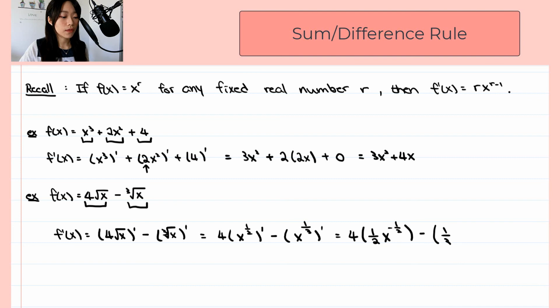So its derivative is 1 over 3 times x to the power of 1 over 3 minus 1, which equals negative 2 over 3. So this equals 2 over square root of x minus 1 over 3 times cube root of x squared.